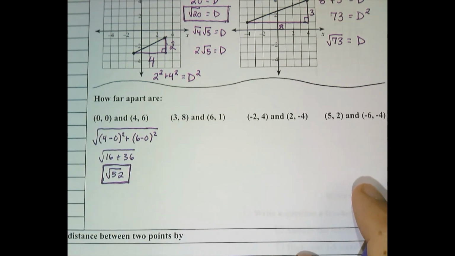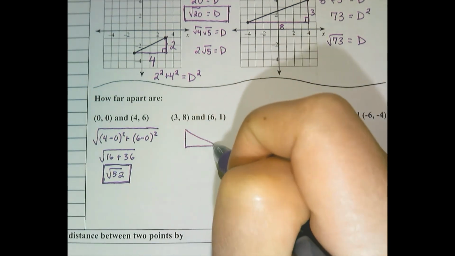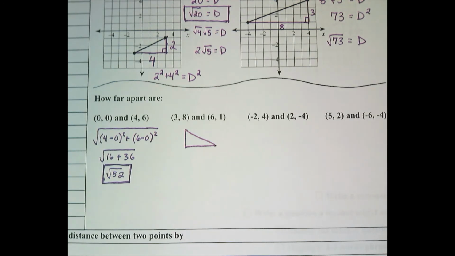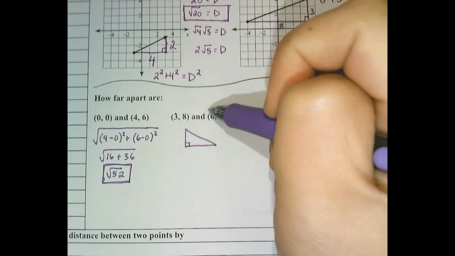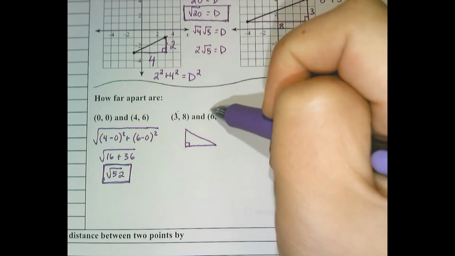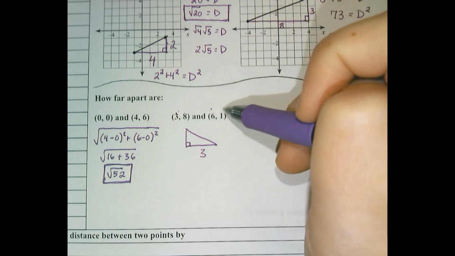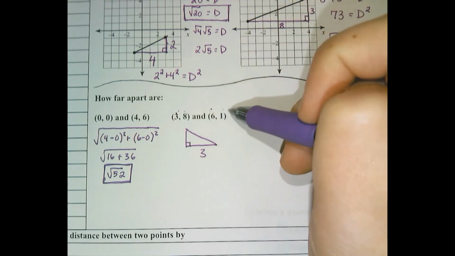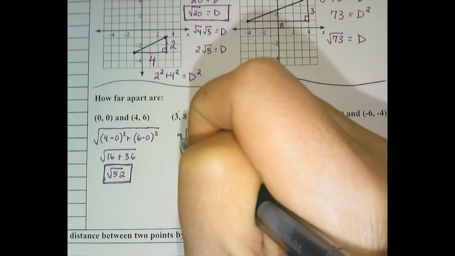Alternatively, you can, again, go to the idea of there being a triangle. So I'm just going to write a triangle here. It doesn't really matter which direction you draw it, but here's a right triangle. The x distance from 3 to 6 units is 3, and the y distance from 8 to 1, that's a distance of 8 minus 1, that's a distance of 7.